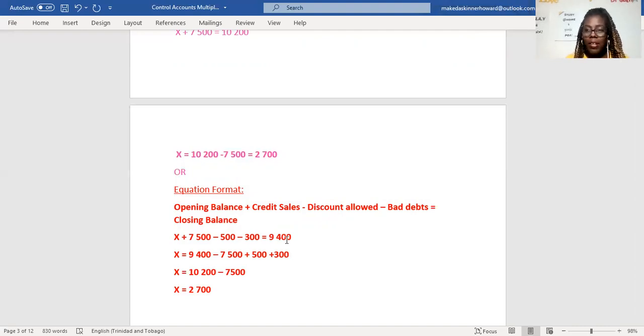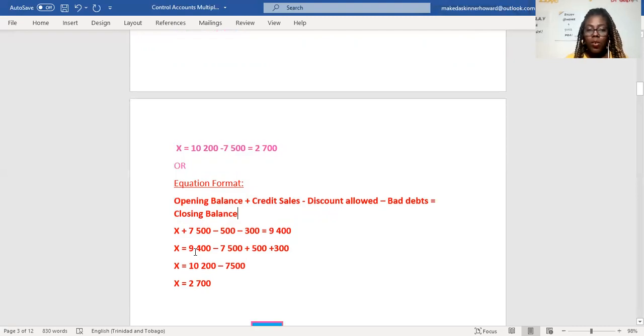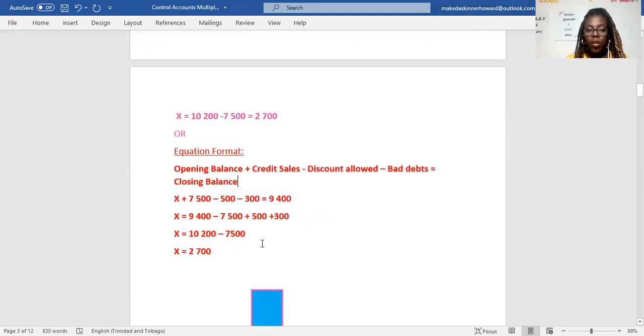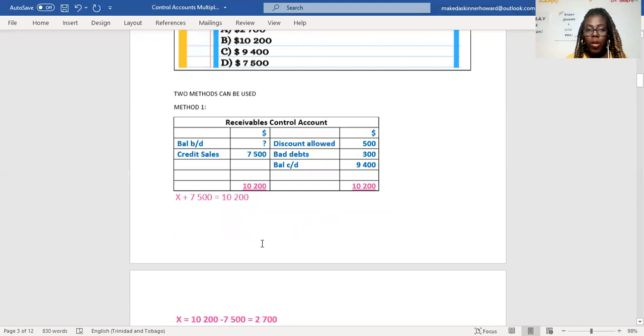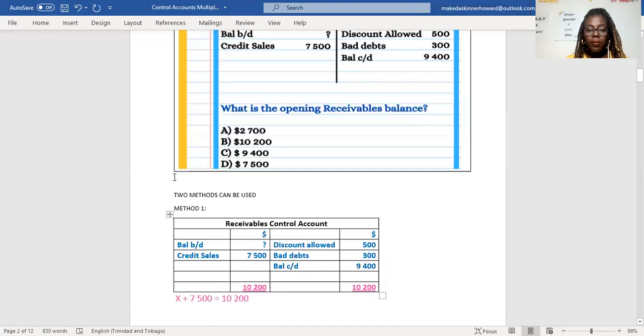This is where your maths comes in, not so much POA, not so much accounts. Put all the numbers on one side, leave X by itself, and that's going to work down to be 2,700. So therefore, look at the options. Your answer will be A. That's correct.